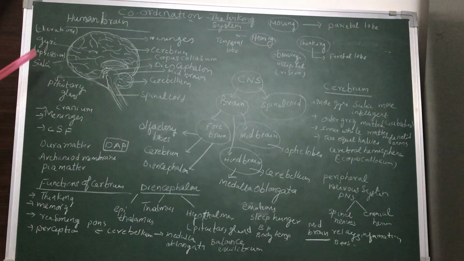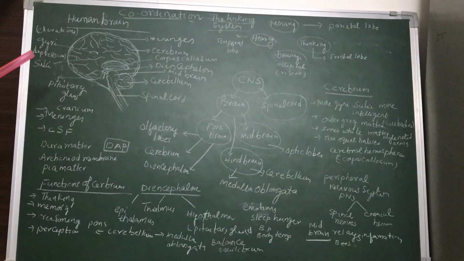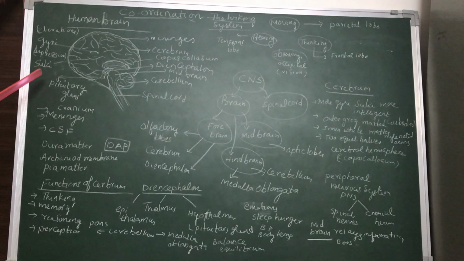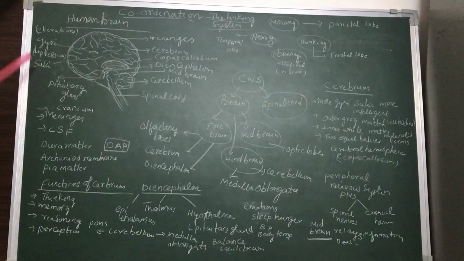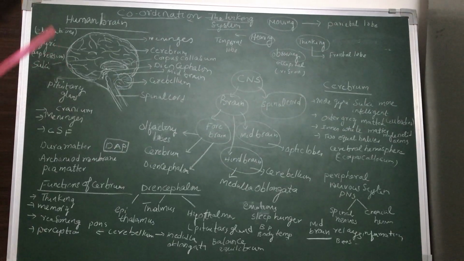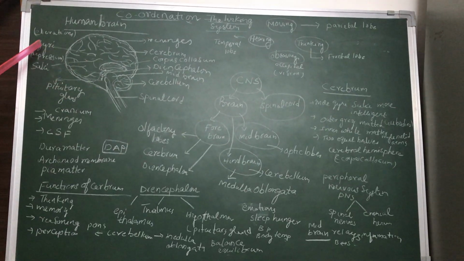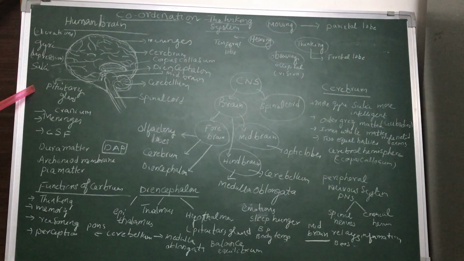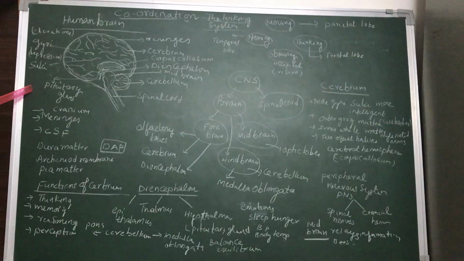Cerebrum consists of nearly 10 billion neurons. The more the gyri and sulci, the more intelligent.